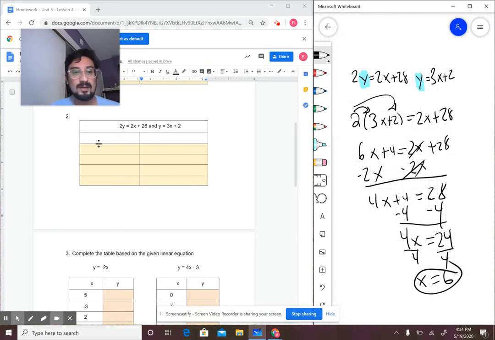Okay, let's write that down. So 2 times y is equal to 2x plus 28. Substitute that y for the second y, since that's solved for. Do the distributive property. Subtract the 2x on both sides.